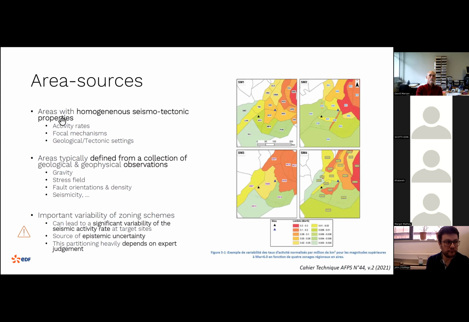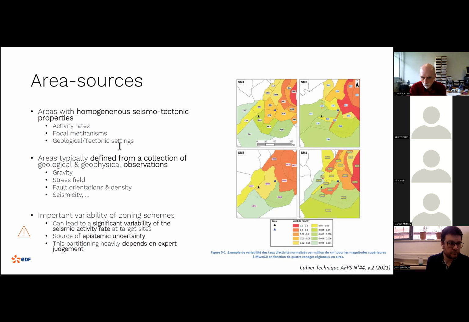These areas are supposed to have a homogeneous seismic activity within the area, and also are described by homogeneous seismotectonic properties. This includes also a type of focal mechanism and different geological or tectonic settings. These areas are typically defined from a collection of geological and geophysical observations.